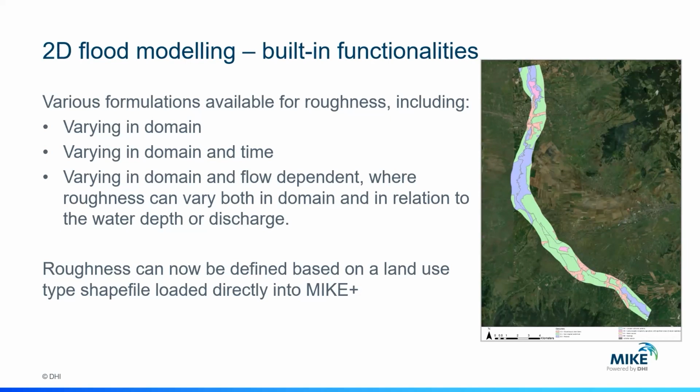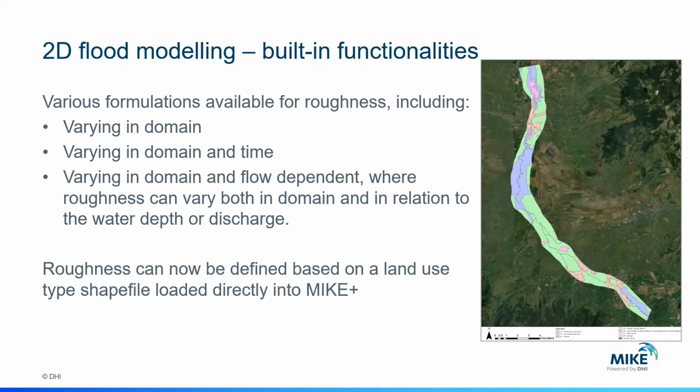And then it offers a series of functionalities and methods in which the roughness coefficient can be specified. The first one is that the roughness coefficient would be considered varying in domain. This would be represented by a static map where the roughness coefficient is taken from, for example, the land use type shapefile.